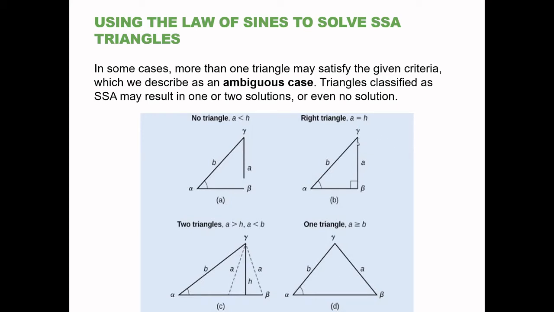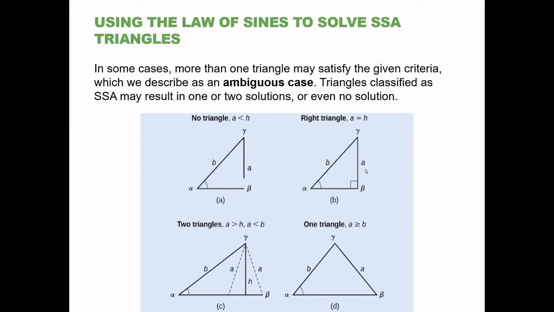Or if this side A is just right and it touches our side C perpendicular to it, just right, then we're going to have one triangle, and it's going to be a right triangle.